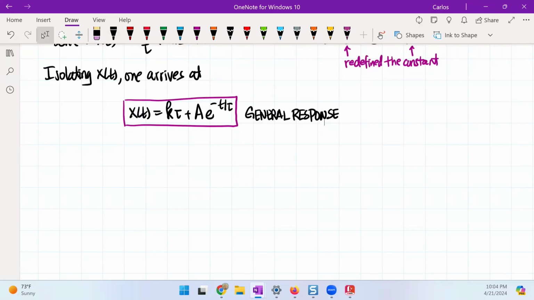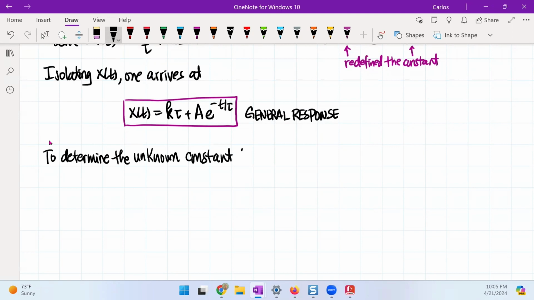In order to get a solution, we have to apply the initial condition to determine A. So what I'm saying here is that to determine the unknown constant A, which is the integration constant, one has to apply the initial conditions.